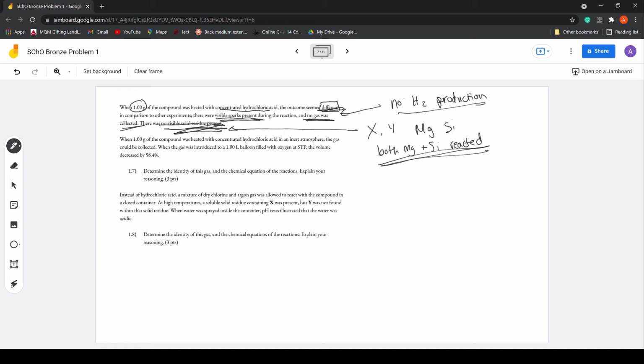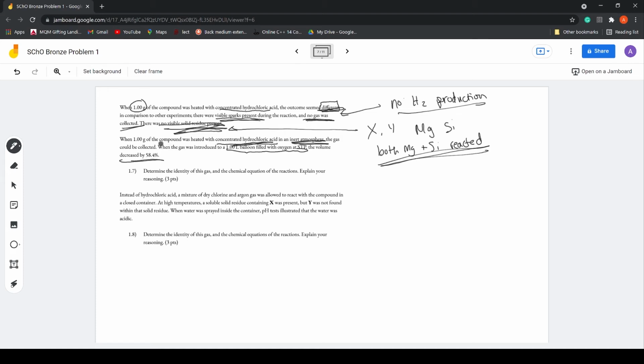The next thing we see is that 1 gram of this compound was heated with concentrated hydrochloric acid in an inert atmosphere. The gas was collected, and when the gas was introduced to a 1 liter balloon filled with oxygen, the volume decreased by 58.4%. Okay, so this is a lot of information, but what do we want to get out of this?